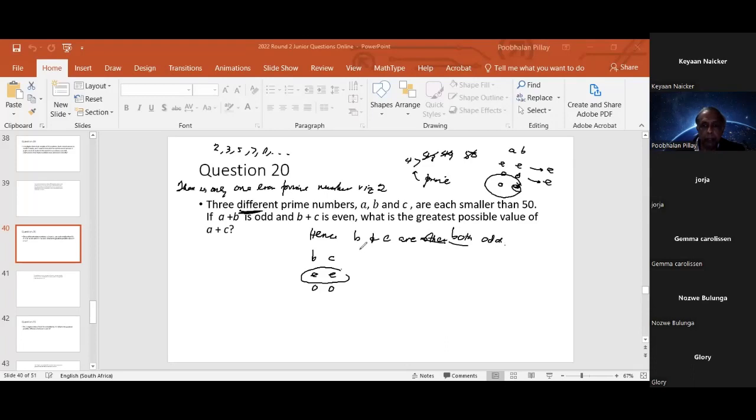All right. But we said here earlier, as far as A and B are concerned, one of them is odd and one of them is even. Now we are given that B is odd, and C is odd. So we can conclude that B is odd and one of them is even, so A is even.